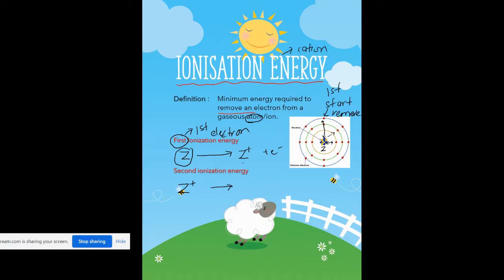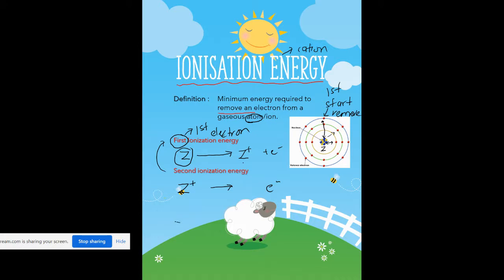How would you feel? Not enough, right? That means the attraction of the valence electrons to the nucleus is much stronger. But the process must happen. The electron must be removed. Therefore, the process will require more energy because it is more difficult. Therefore, second ionization energy is always higher than the first ionization energy.